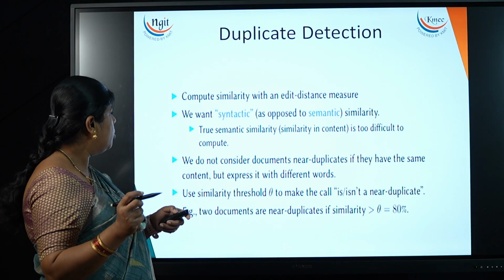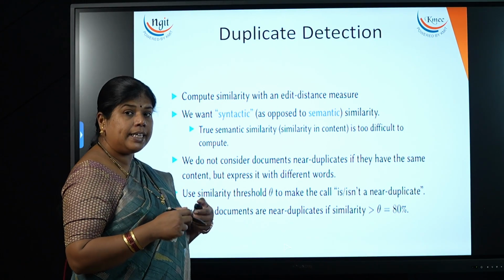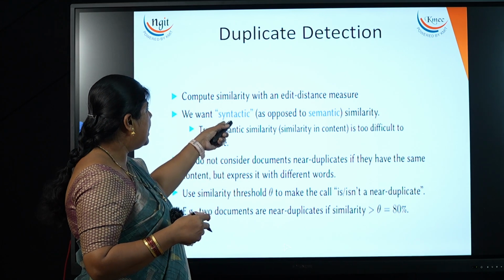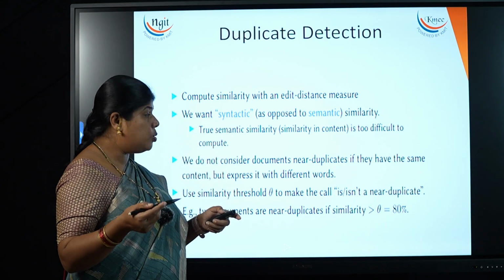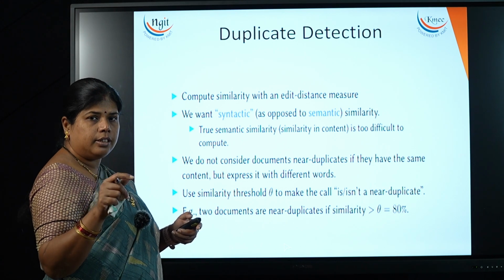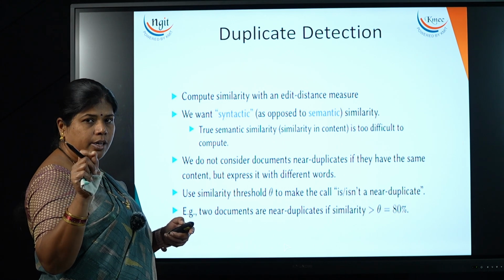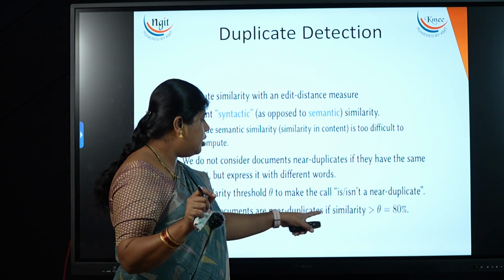Now, how can we do that? Here, what similarity do we want to find out? Syntactic similarity as opposed to semantic similarity. How can you find out whether two documents are near duplicates? By using a value called a threshold.